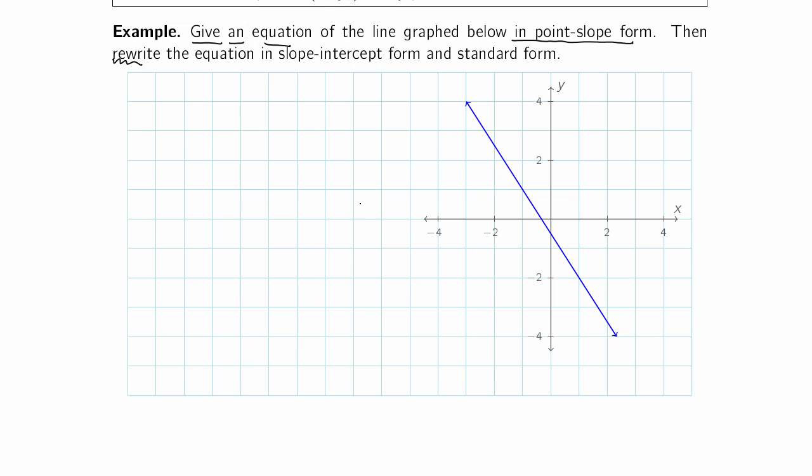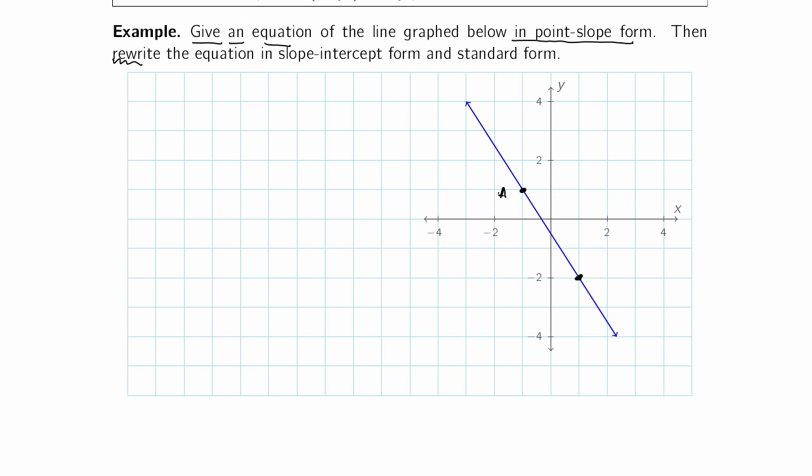And the reason that I'm going to give my equation initially in point-slope form is that that's easiest. To give an equation in point-slope form, I just need to find two nice points on the line that I can read. Here we are. And then I'm going to somehow come up with the slope. And there are two ways I could do that.